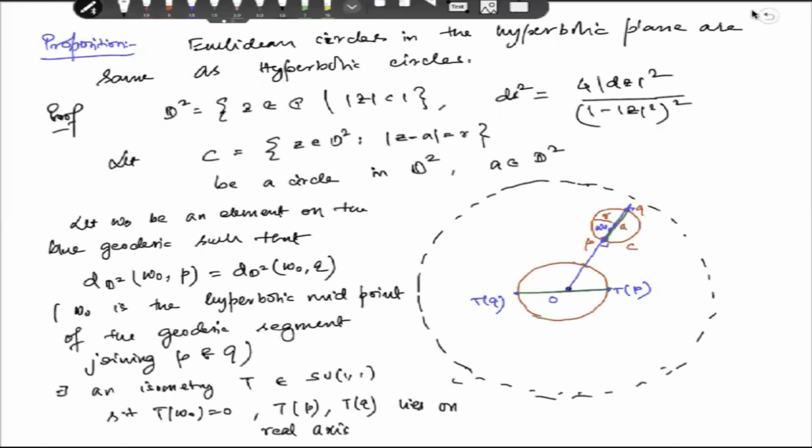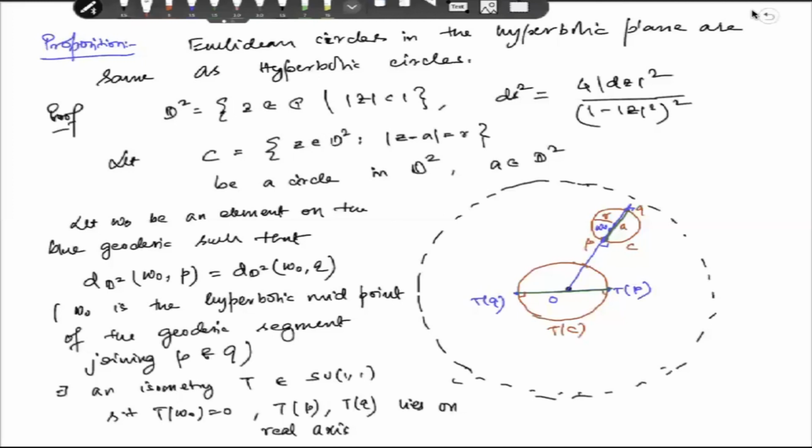Here note that this geodesic segment from P to Q is intersecting C orthogonally. Therefore, since T is a conformal map, T of C will be a curve which will intersect the geodesic joining T of P and T of Q orthogonally.